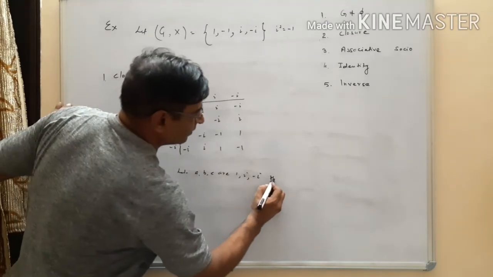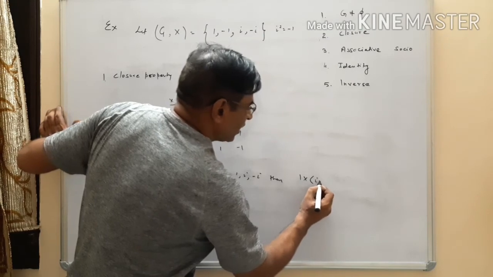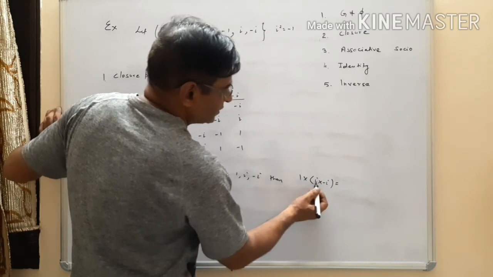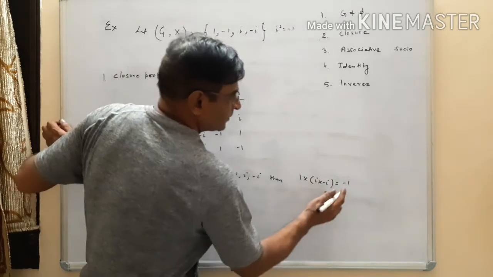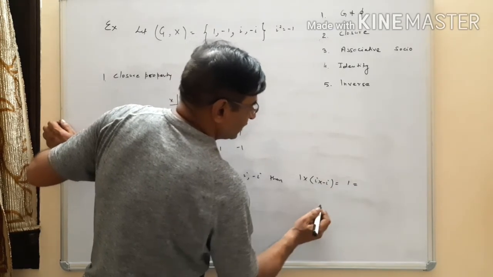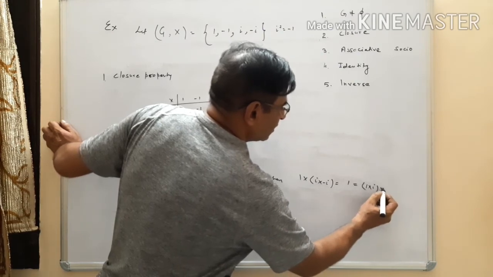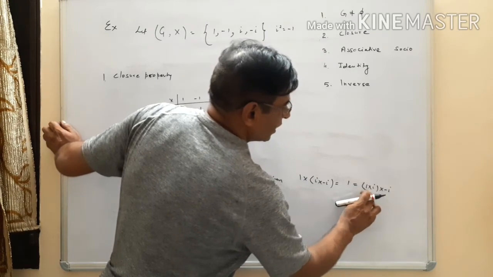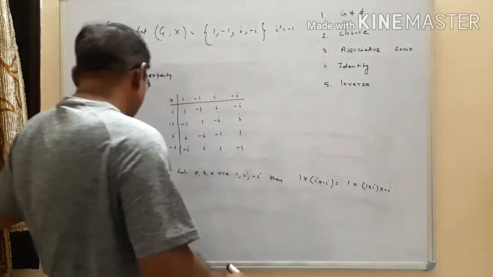Then 1 into iota into minus iota: 1 will not change it, iota times minus iota is plus 1, so this is plus 1. And the other way, 1 into iota into minus iota, again iota multiplied by minus iota is equal to 1. So it is the same.